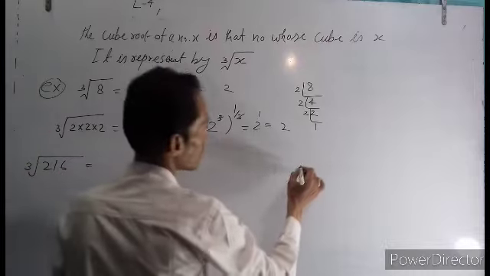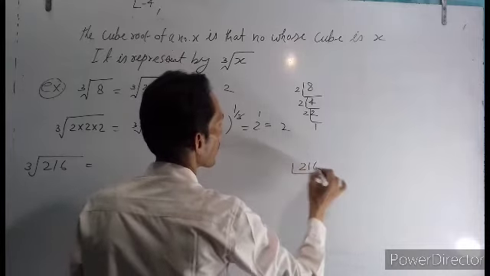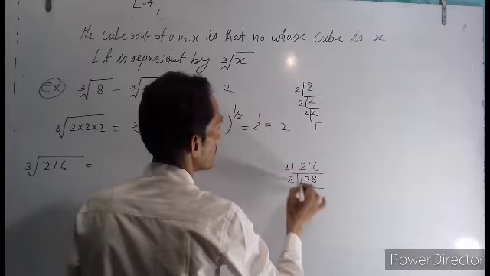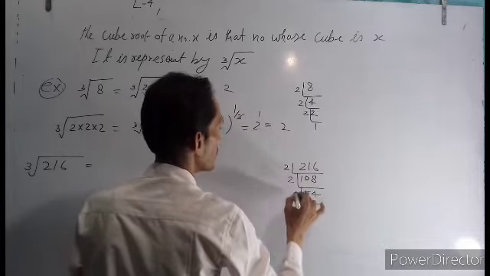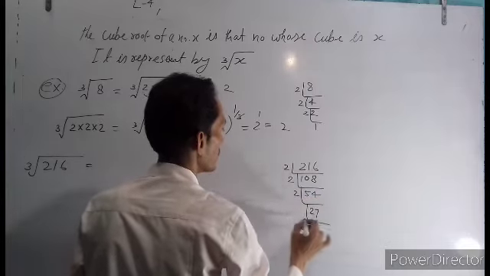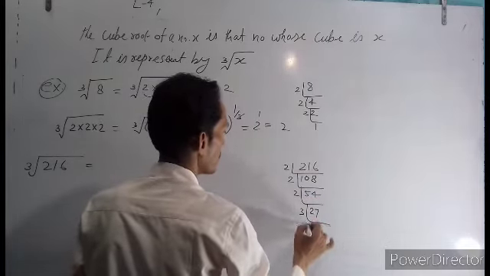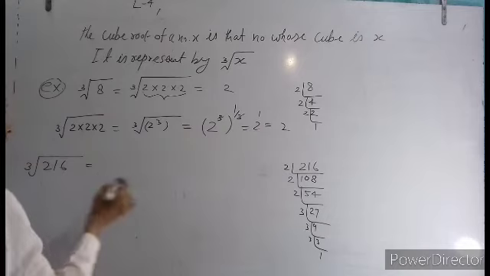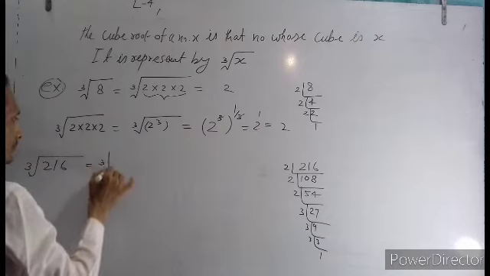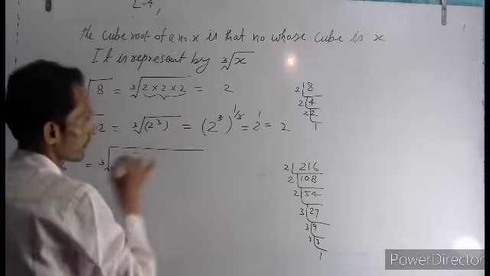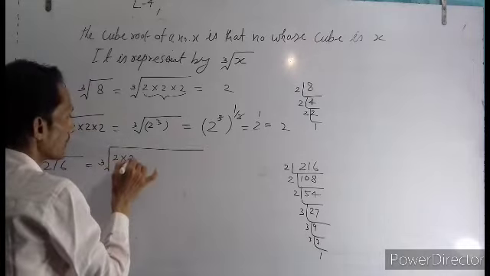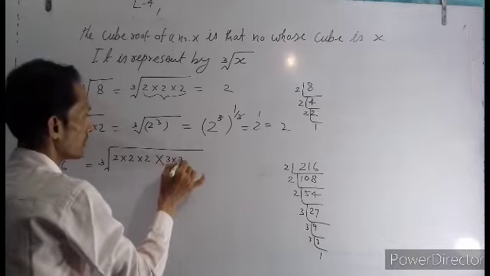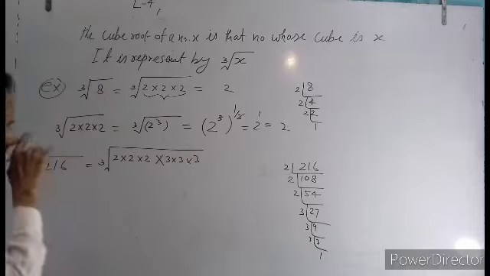What is the prime factorization of 216? 2 ones are 2, 0, 8. You can see the prime factorization is 2 multiplied by 2 multiplied by 2, then multiplied by 3 multiplied by 3 multiplied by 3. That is the first step.